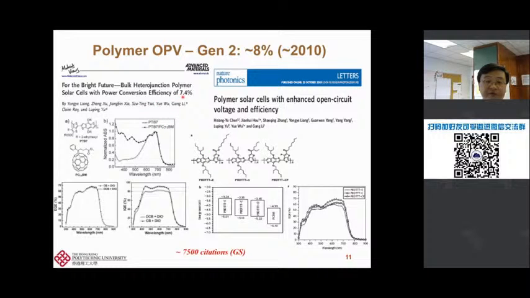Here is a 7.4% efficiency, and slightly later we got the Nature Photonics paper, which got about 7.7, and later 8% efficiency. These polymers have a lower band gap, going from 1.9 eV for P3HT down to 1.6 eV. So they absorb more and still get a good quantum efficiency. We got really excited about it.